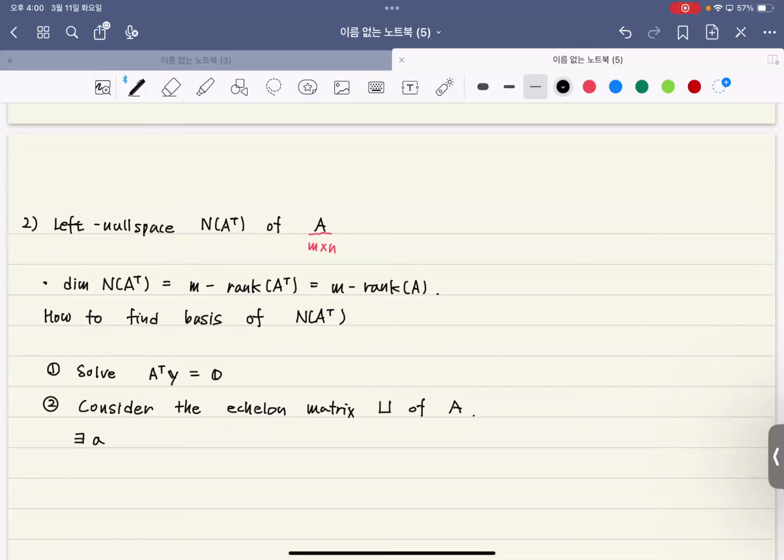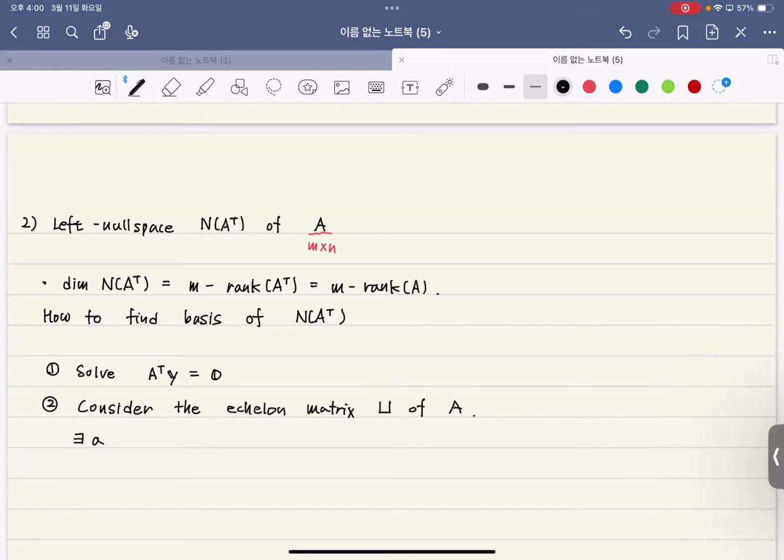Well, not precisely, because technically LU factorization is only for square matrices. But this is a rectangular matrix, but you know the idea. So you can still apply the same idea to find the echelon matrix U of A.